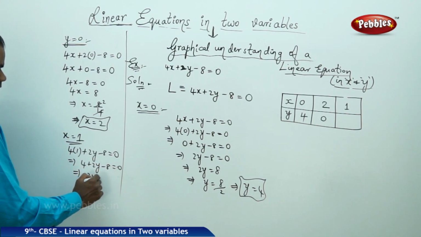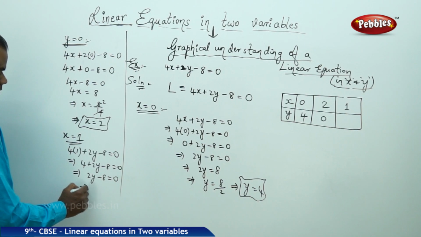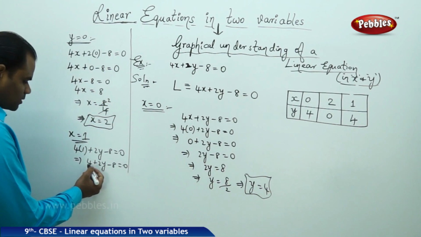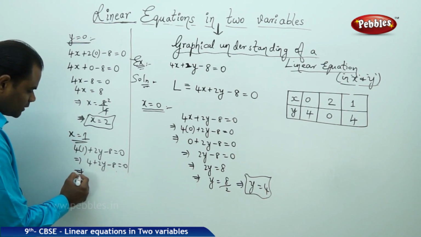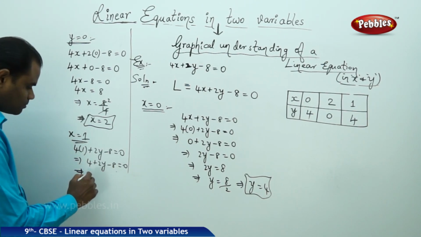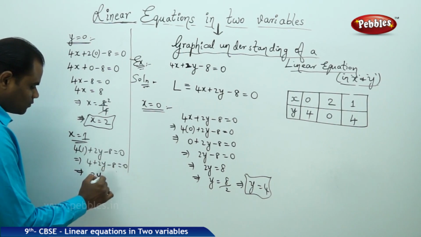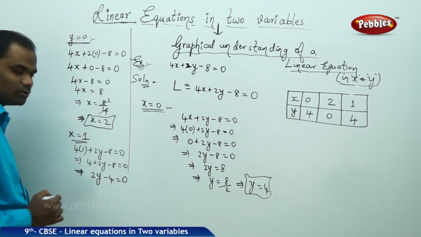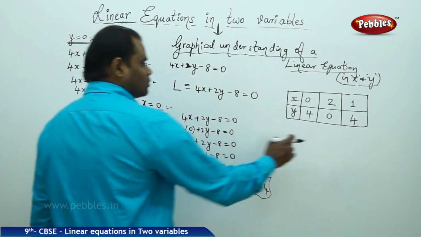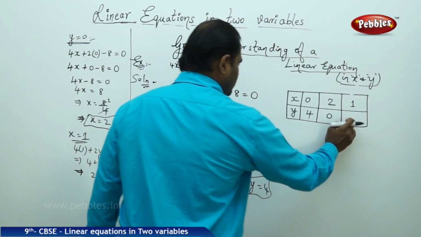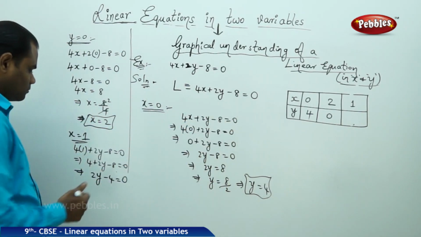Now that we have substituted the value of x here, I get this equation. When I simplify further, I get 2y plus 4 minus 8, which is minus 4, equals 0. Therefore, I get minus 4, and then I finally find the value of y from this equation.